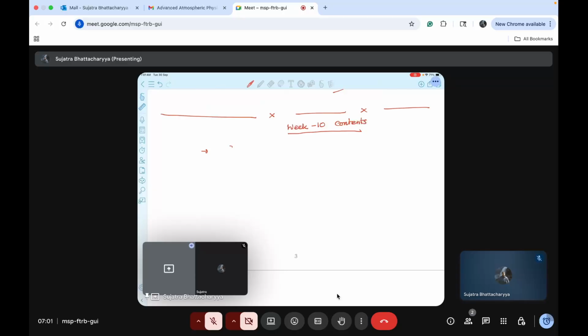That is, the sun is, of course, the main source of energy for different processes, like the atmospheric processes or the dynamic processes happening in the Earth's atmosphere.